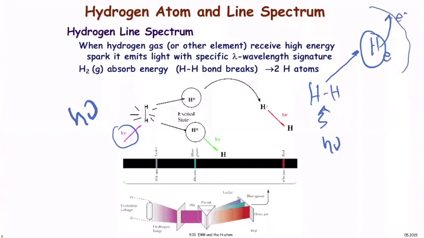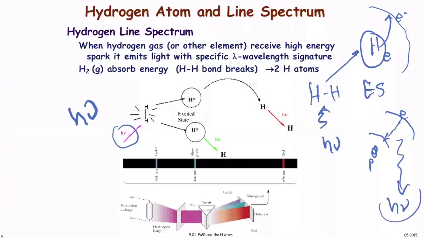That's called the excited state, ES. Now this is the proton and this is the electron at a higher state. As the electron starts to find its way back to the ground state, energy is released, and that energy is basically the different light that we see, characteristic of that particular element.